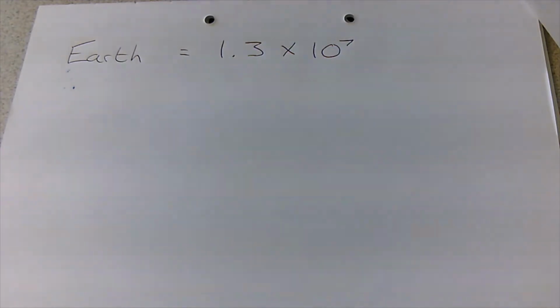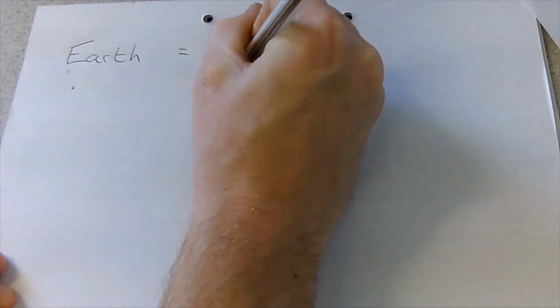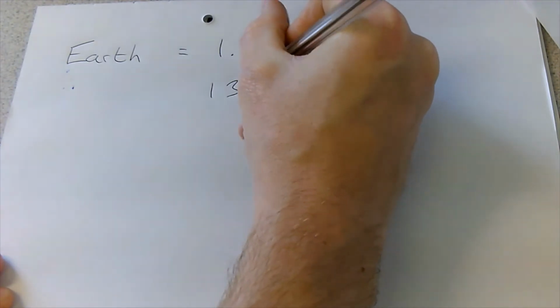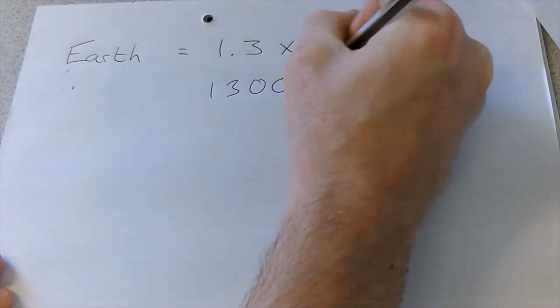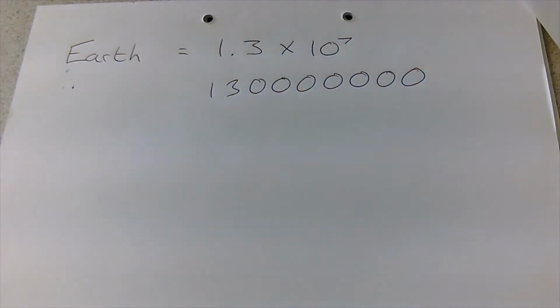We wouldn't have to write down 130 million meters, because we could write down 1.3 times 10 to the power of 7.